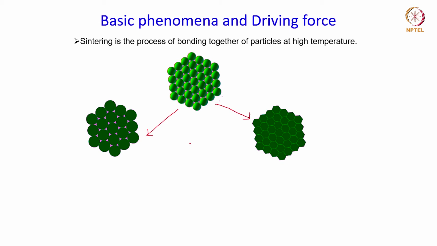And when you talk about sintering a porous compact, the pores will also play a role in the grain growth process. So while talking about the growth during sintering, the pore interactions will also have to be considered, because depending on the locations of the pores, whether they are located along the grain boundaries or inside the grains, the grain growth behavior will change.